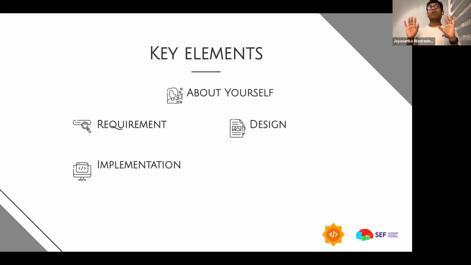The requirement is the problem that you are trying to solve. You can go through the documentation, ask questions in the organization, and join meetings, and you need to try to understand what problem you are going to solve.